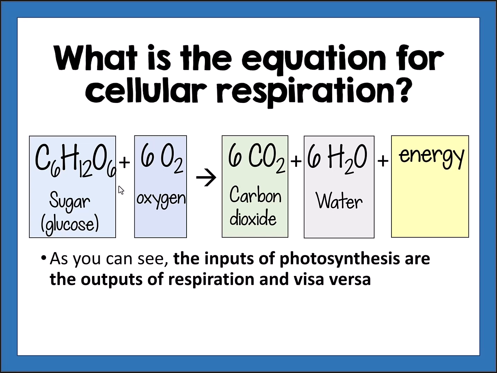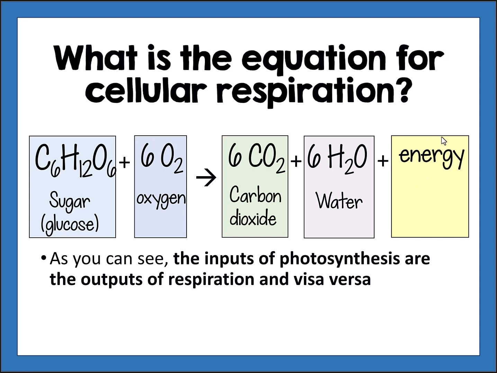So as you can see in this equation, the inputs of photosynthesis are the outputs of respiration and vice versa. So in photosynthesis, carbon dioxide and water and light energy went in, and now in cellular respiration, those are our outputs. That's what's coming out. So in a lot of ways, this is an opposite process.